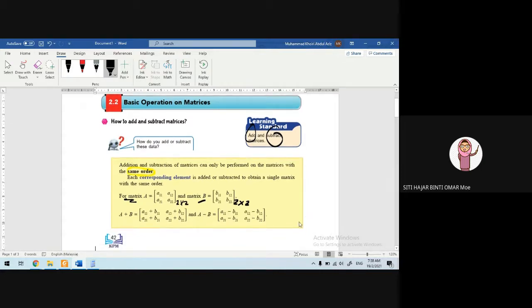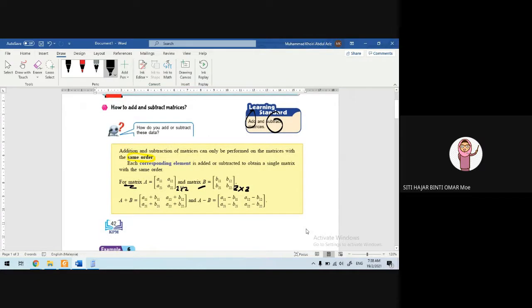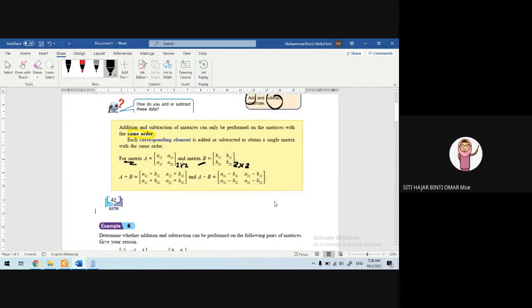So how to add and subtract? We add or subtract the corresponding elements only. A plus B. In A, we have A11, so A11 will be added to B11, because they are corresponding elements.